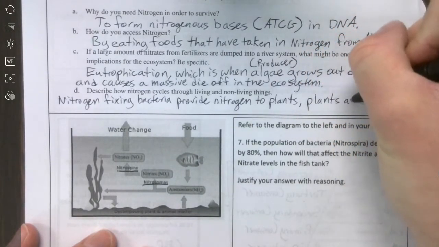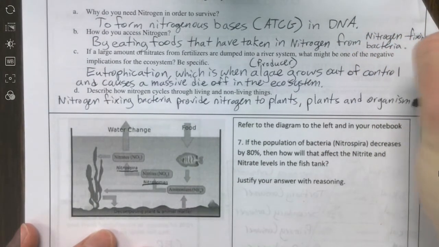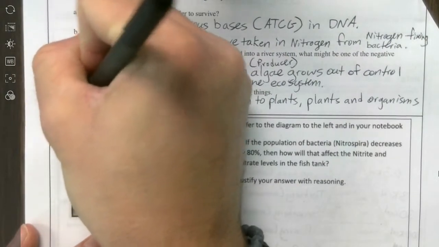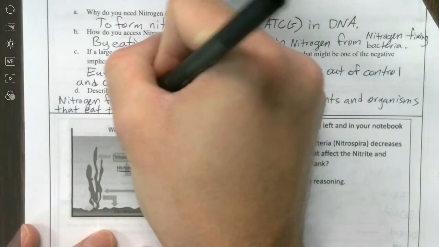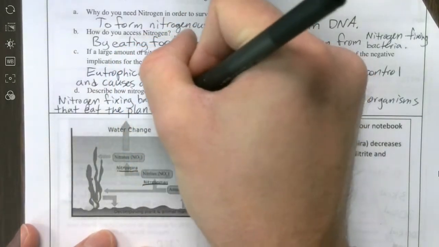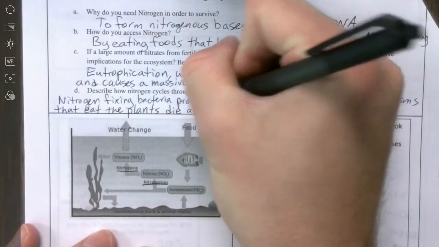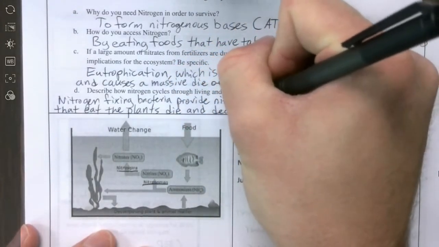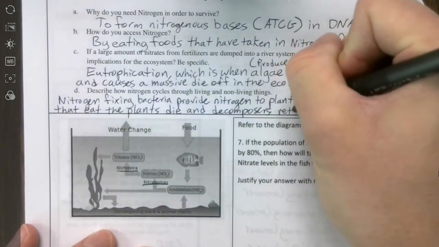Plants and organisms that eat the plants die, and decomposers return nitrogen to the soil.